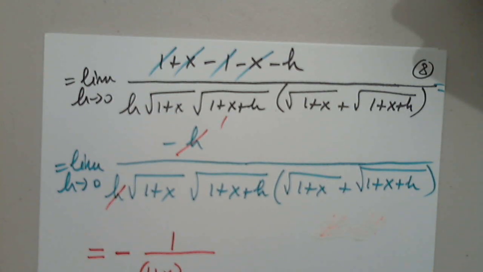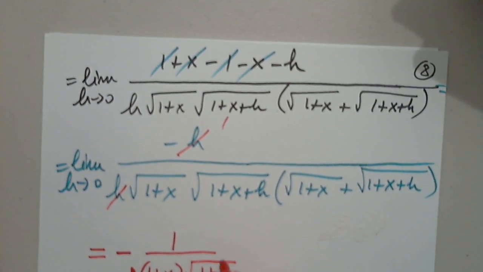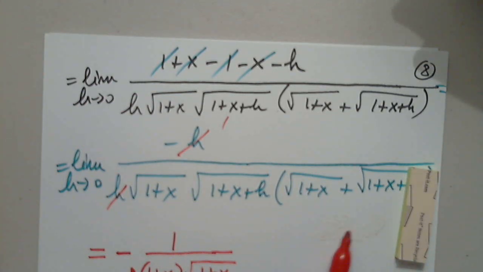What is left from that? 1 plus x. Yes, plus 1 plus x. An apple plus an apple. How much is an apple plus an apple? 2. So the square root of 1 plus x plus the square root of 1 plus x is 2 the square root of 1 plus x.